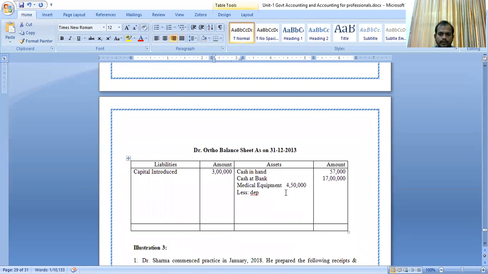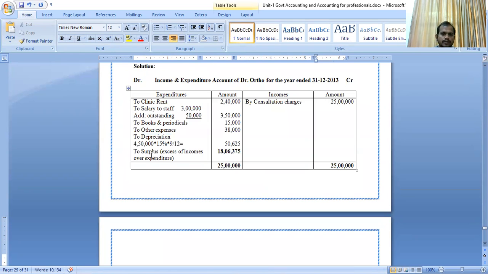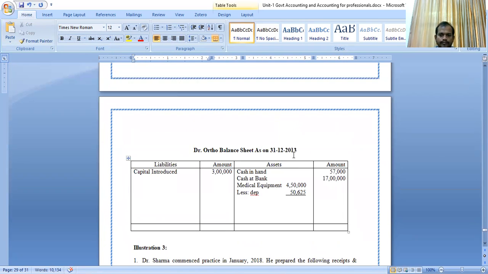50,625 is the depreciation. Income and expenditure account is nothing but the profit and loss account. So we have to record all the transactions on accrual basis, but the name is different because we have to calculate the surplus, not the profit. So medical equipment cost is 3 lakh 99,375, the closing balance of the machinery.